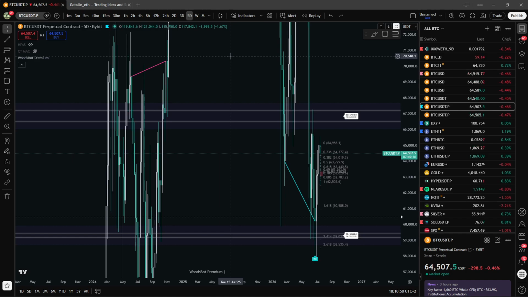What I'm trying to get at is that from Monday to Friday is where the most relevant price action happens. Even though we do have the weekly closure on Sunday, I do believe the most relevant price action happens on Monday to Friday, which is why I do think the 5-day chart is quite underrated.